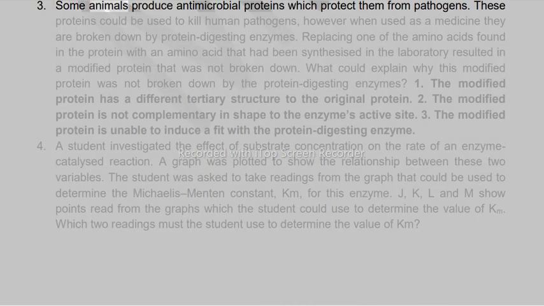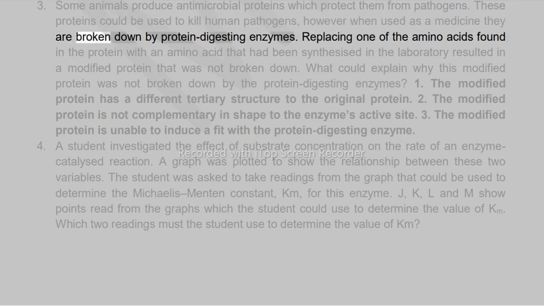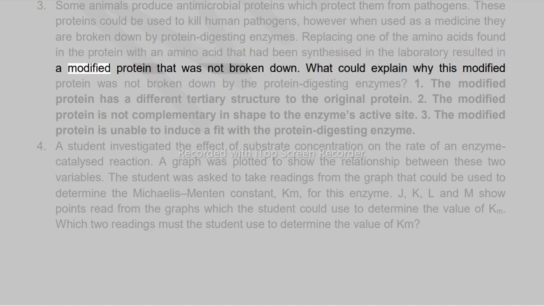3. Some animals produce antimicrobial proteins which protect them from pathogens. These proteins could be used to kill human pathogens, however when used as a medicine they are broken down by protein-digesting enzymes. Replacing one of the amino acids found in the protein with an amino acid that had been synthesized in the laboratory resulted in a modified protein that was not broken down.